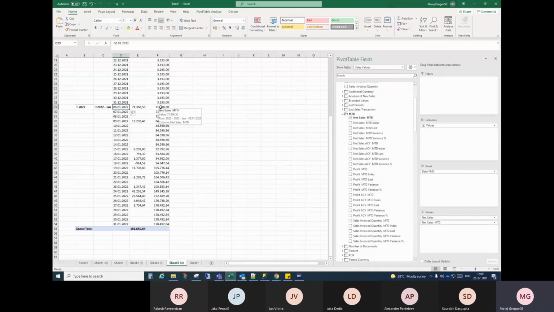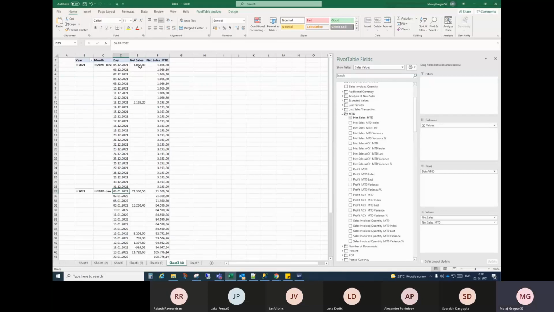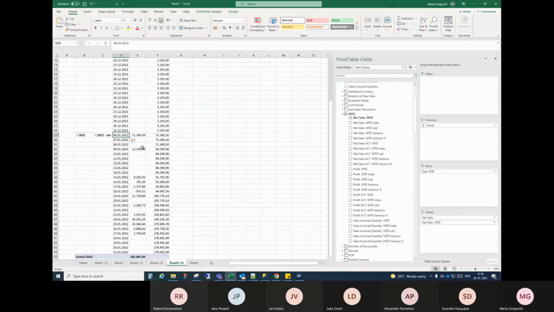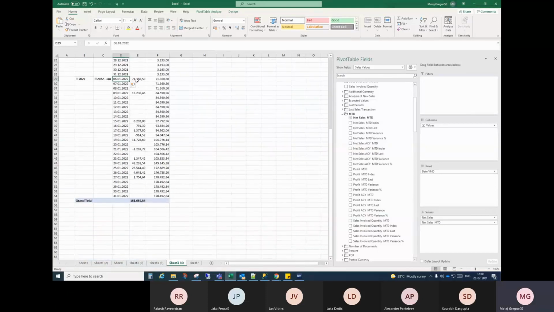Okay, month to date, the same as year to date. This is the cumulative net sales in this case for the daily level. Here in net sales, we'll see how much we sold on each particular day. So January 6, 71,000, January 9, 30,000.